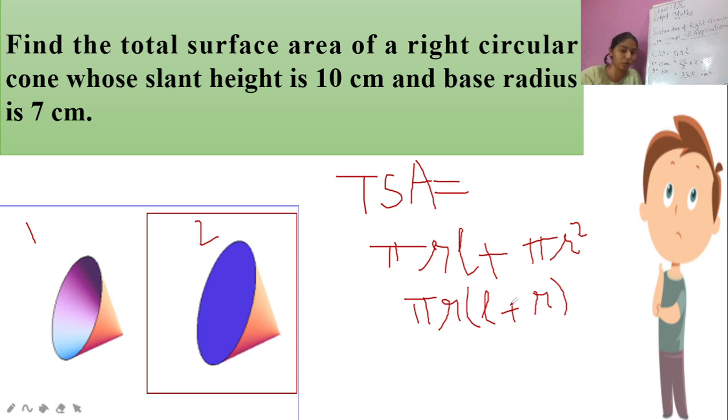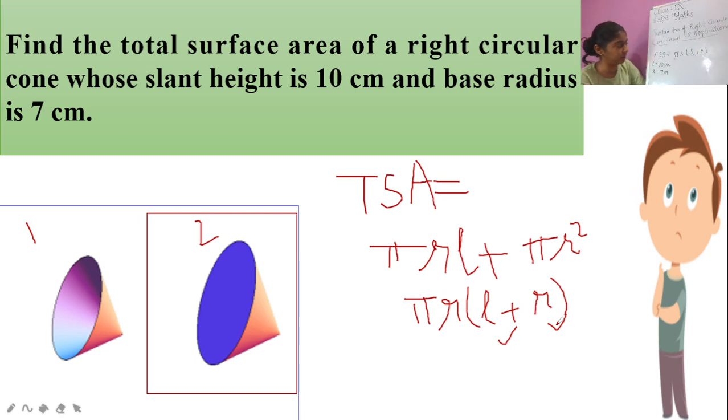So we have the slant height, we have the height, radius, so we will calculate it. So the total surface area, we know that it is pi r, so we have done it, so let me take out the answer.